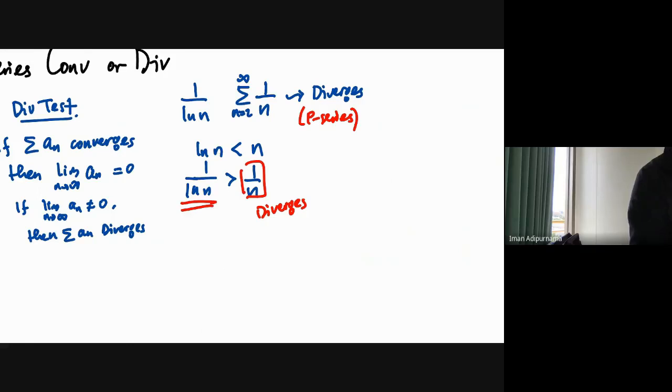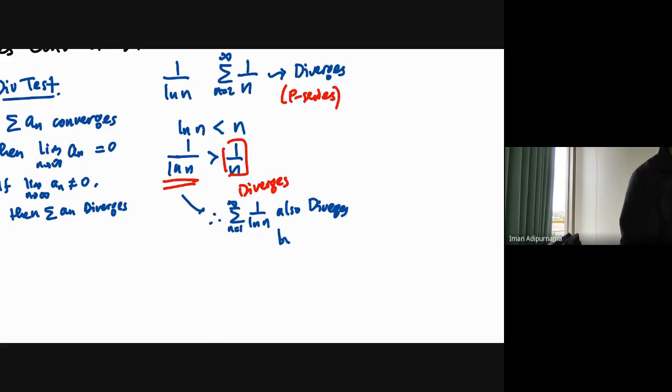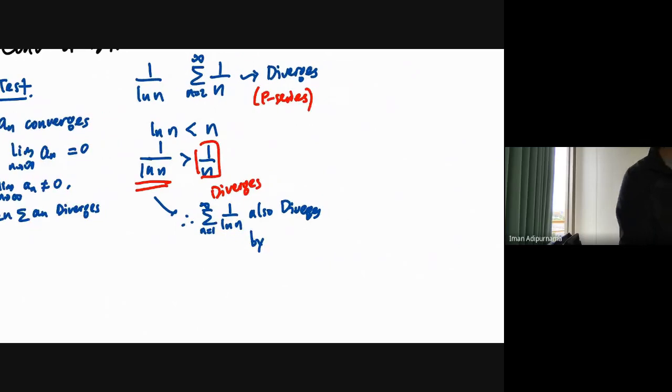So this also diverges. So we can conclude it also diverges by the comparison test, or if you want to say it completely, the direct comparison test.